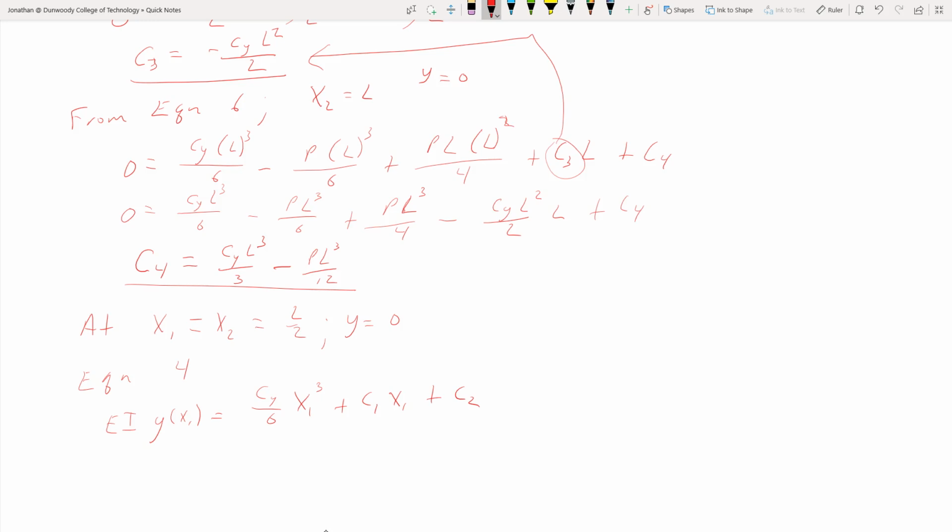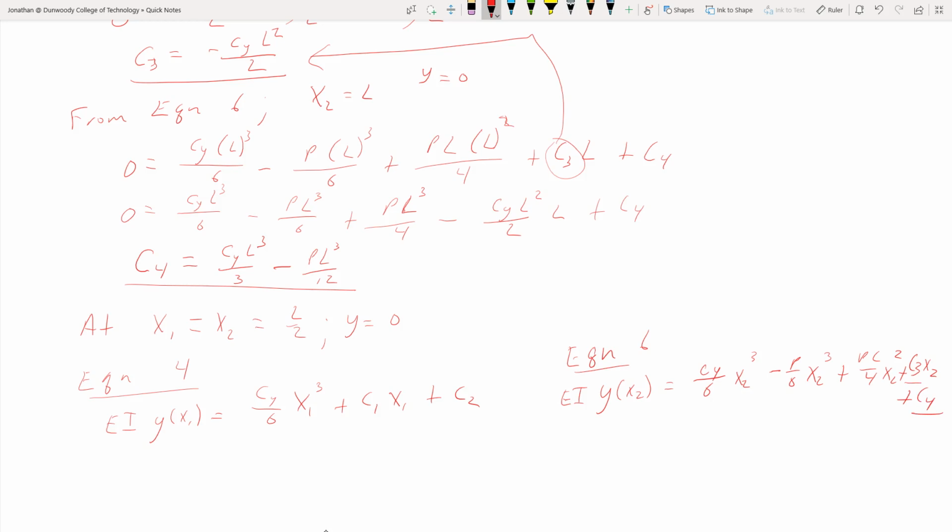We do have, from equation 6, EI y as a function of x2, excuse me, is Cy over 6 x2 cubed minus P over 6 x2 cubed plus PL over 4 x2 squared plus C3 x2 plus C4.